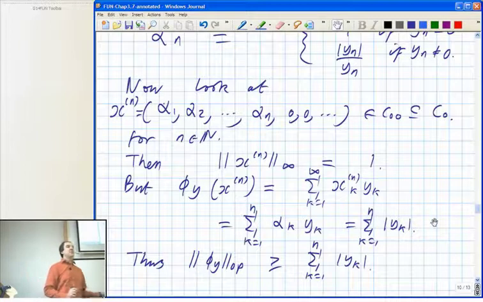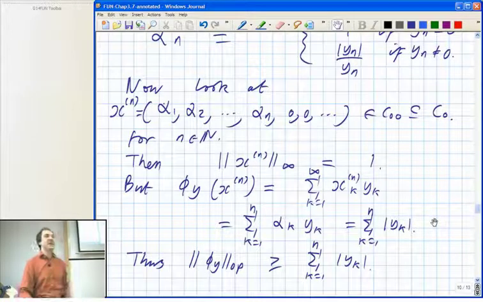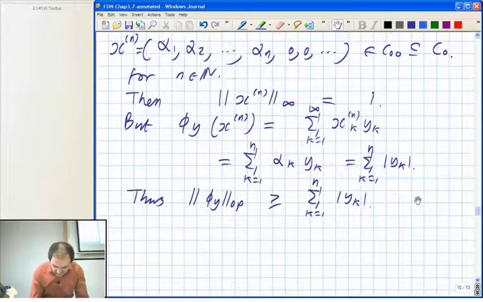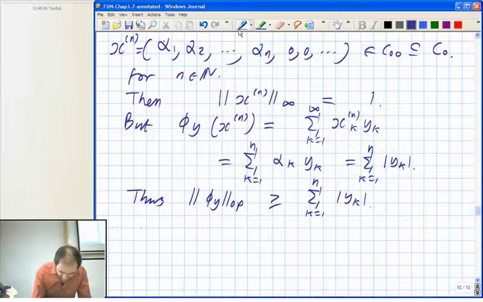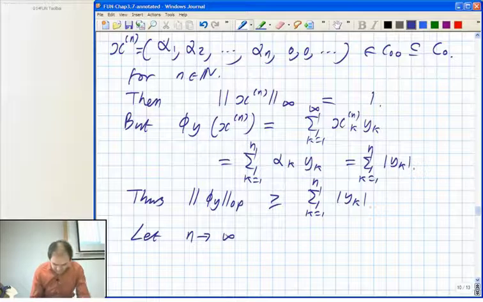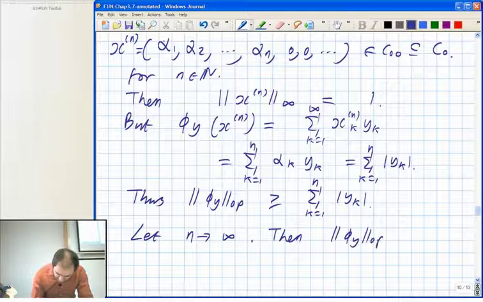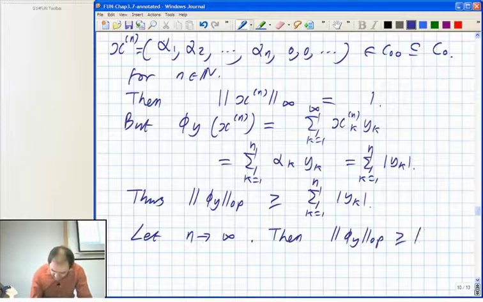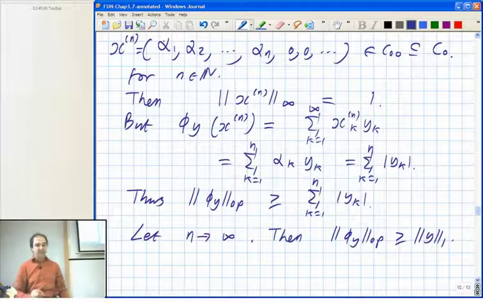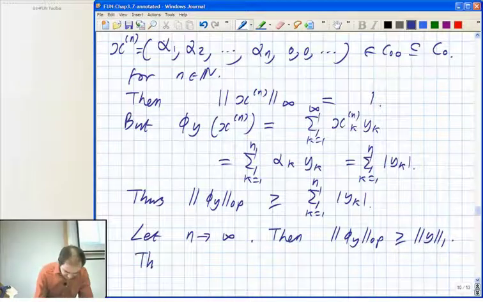But that was true whichever natural number n you did. So now you can let n tend to infinity. Then the norm of phi y op is greater or equal to norm y1. So we get equality as required.